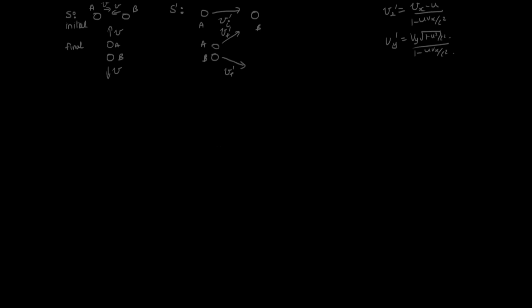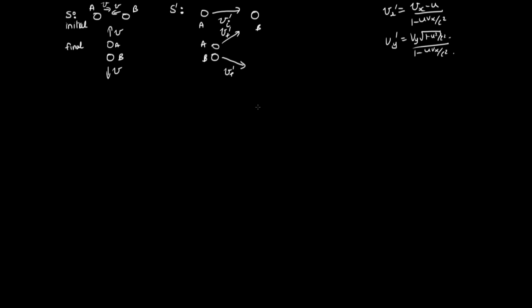So what we'll do now is analyse this situation and see if momentum is indeed conserved between the two frames. Here we've sketched out these collisions in the two different frames, in the S frame here and in the primed frame here. I've also jotted down the velocity transform equations.